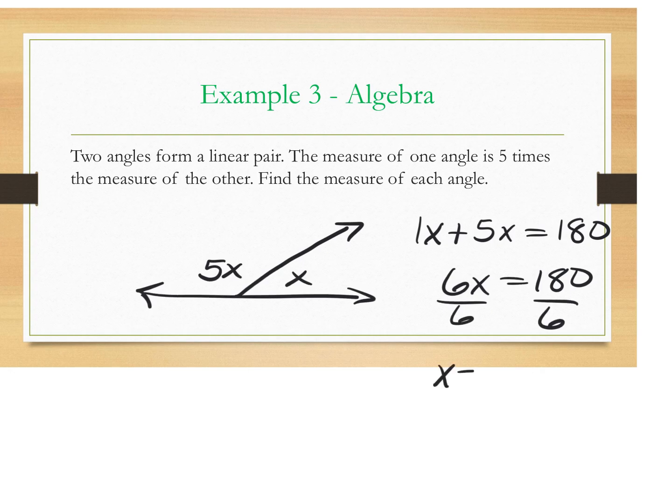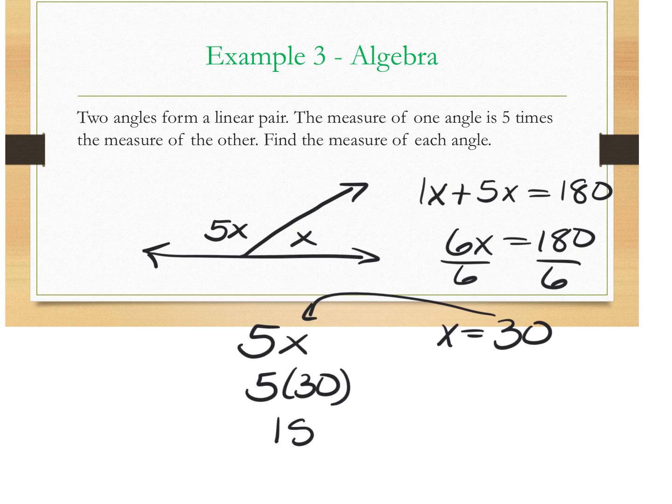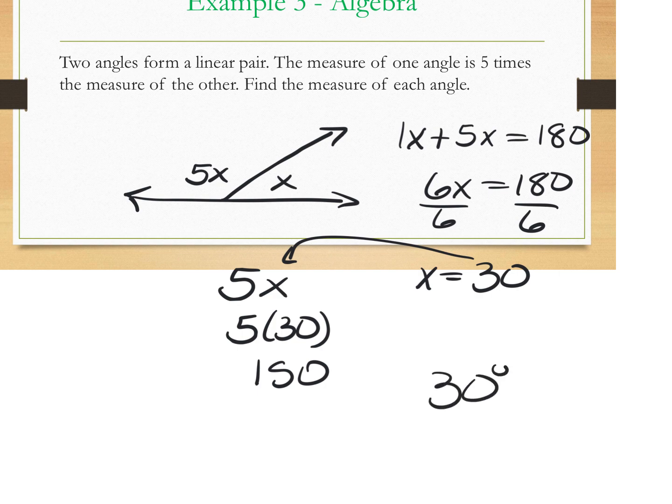And X is equal to 30. So that's the first angle. To find the second angle, we take 5X and we're going to plug in 30. So 5 times 30, and I get 150. So the measure of each angle: one is 30 degrees, the other one is 150.